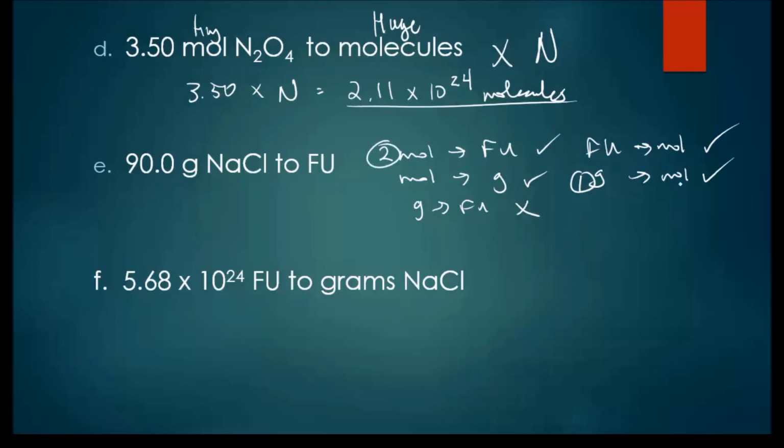All right, grams to moles. You're going from normal down to tiny, divide or multiply? Divide. And the formula mass for NaCl we've already determined to be 58.5. So 90 divided by 58.5.